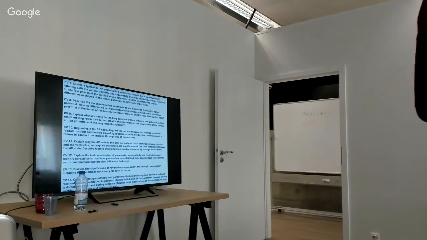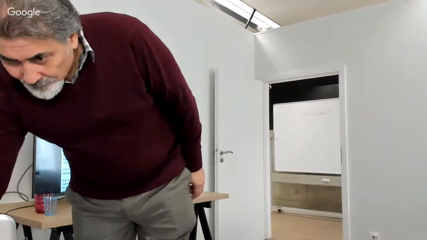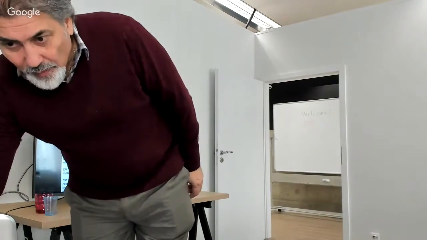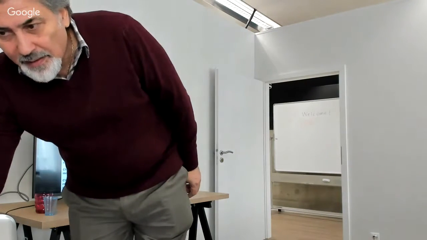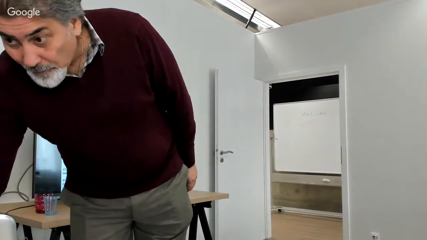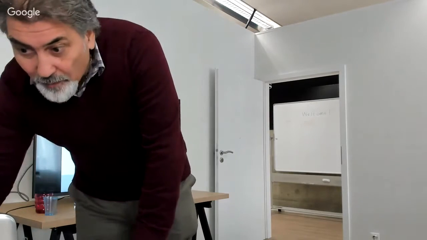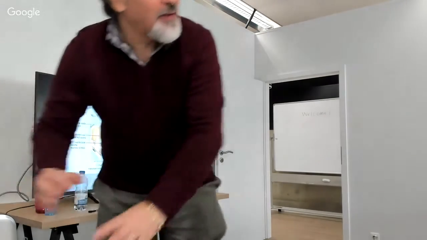I'm able to draw the action potential. If I'm not good at drawing, I exercise, and I do it. We will see the different effects of the sympathetic and parasympathetic nervous system. We will learn. We have 131 slides.